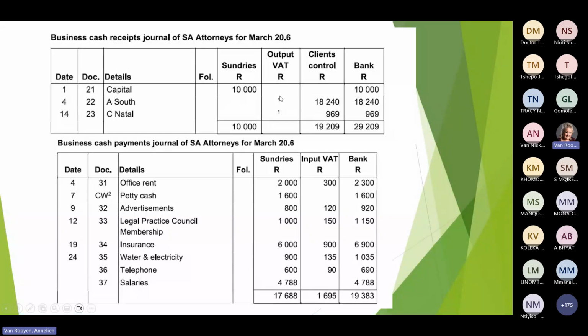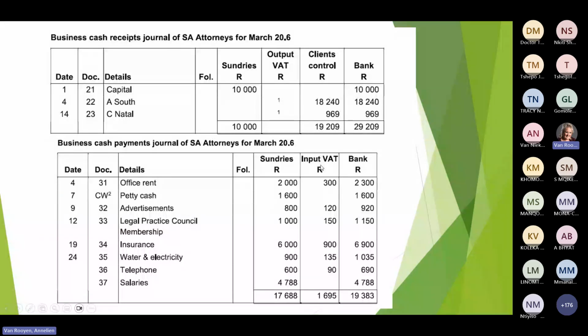I'm not 100% sure if the question will tell you what headings to have. You perhaps will know better, or even the e-tutors can assist me there, if it will tell you which headings to use. You can open a column for output VAT, and as you can see in this case, there's nothing in there, just in case you want to make use of it.